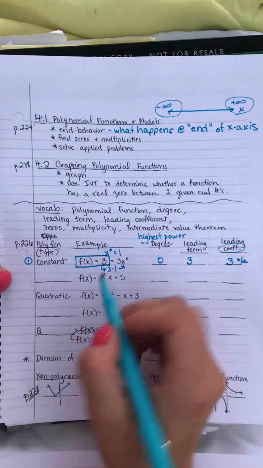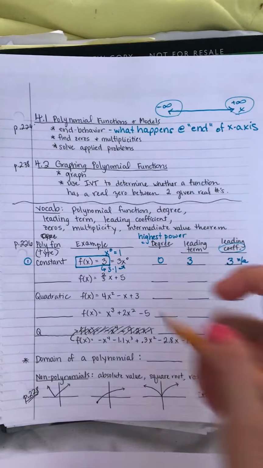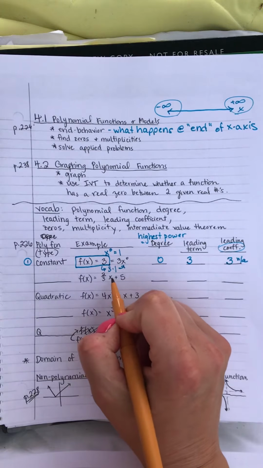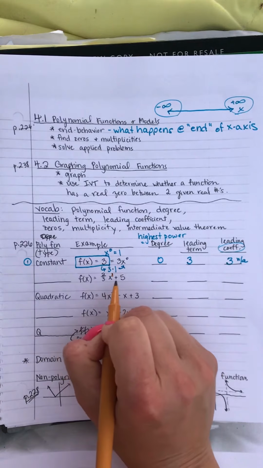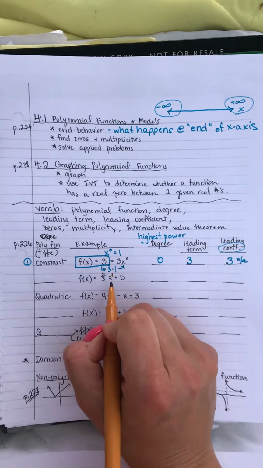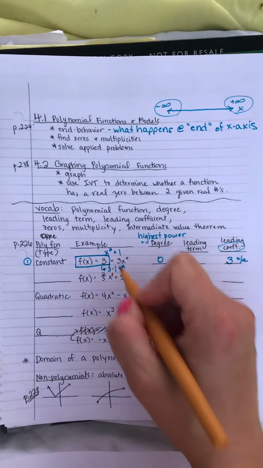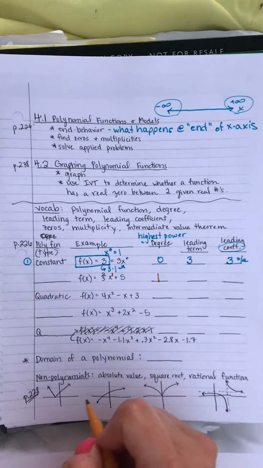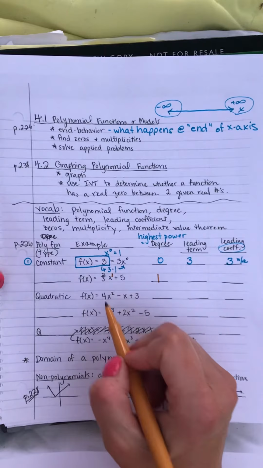The second type, let's look at this example. I'm going to switch colors. I'm going to look at what is the exponent of this x. The exponent of this x is 1. And I see no other variables, no other x terms. So the degree of this polynomial is 1. You know what I'm going to do? I'm actually just going to go straight down this list, and I'm going to look at the degree, the highest power of each of these functions.